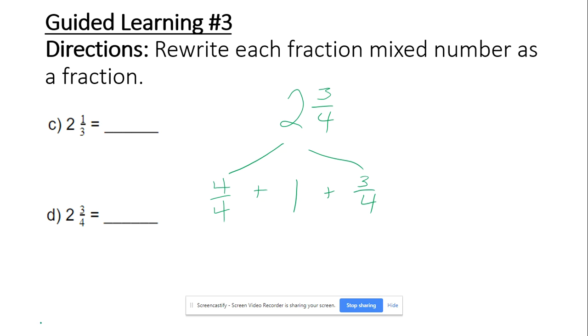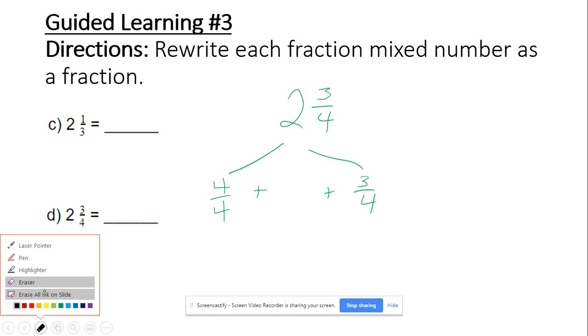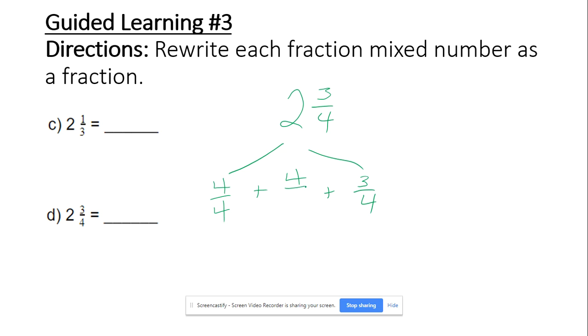And we can rewrite the second one as 4/4 again. So now we have 4/4 plus 4/4 plus 3/4. 4 plus 4 is 8, plus the 3 is 11, and the denominator is 4. 11/4.